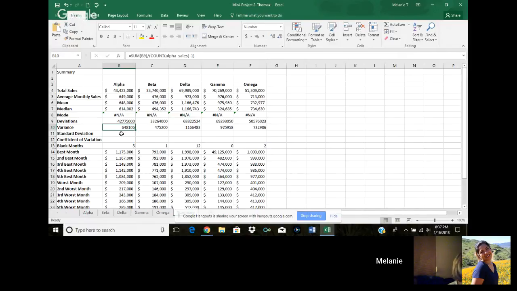My notes say deviation squared, and sum divided by count minus 1. That's the variance. Standard deviation is the square root of the variance.